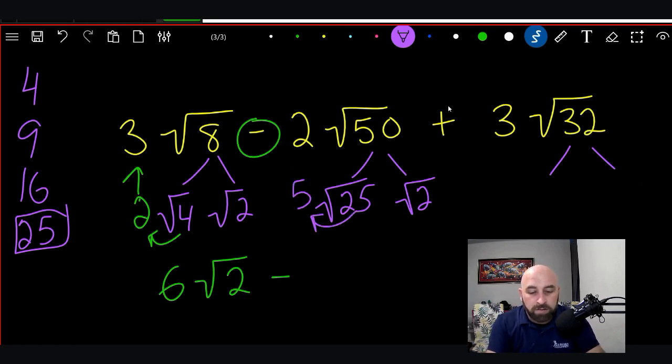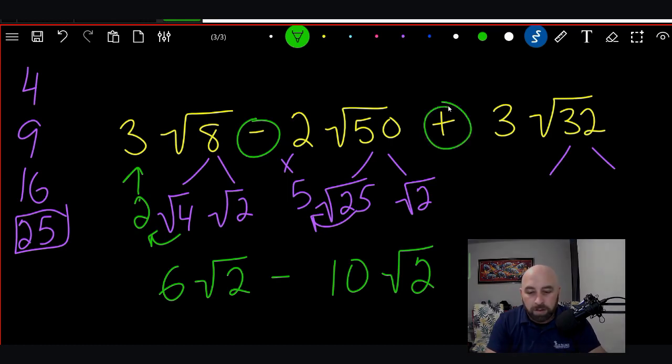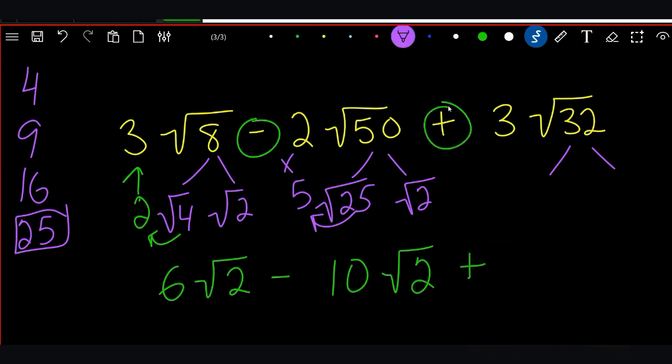What comes out here? A 5. So don't forget to multiply these, and that's going to give you 10 square root of 2 plus, and then we would come up here and finish this one, and this one would be 16 goes into that. And it goes 2 times.